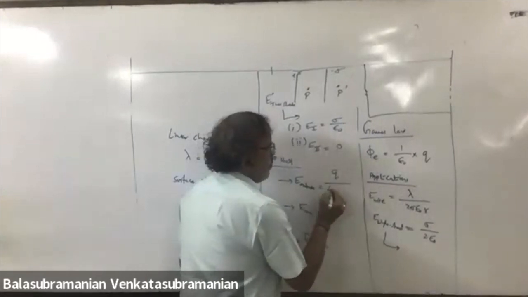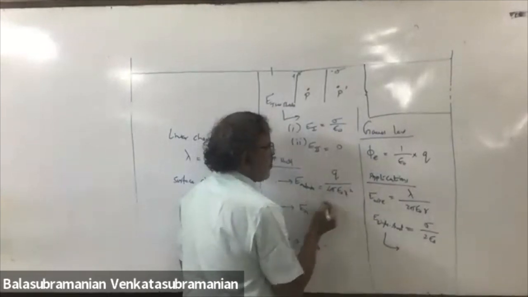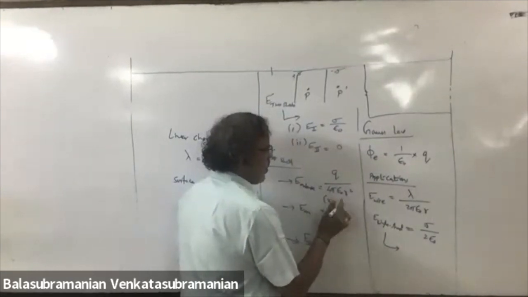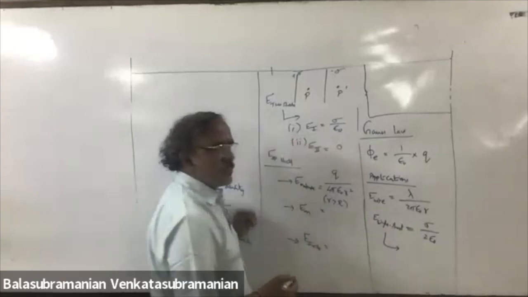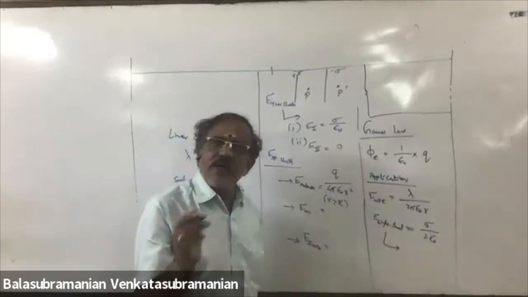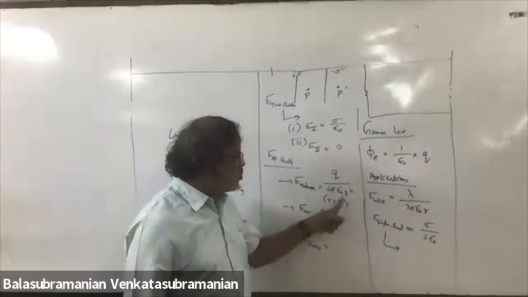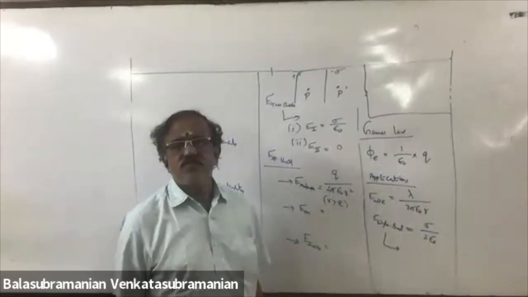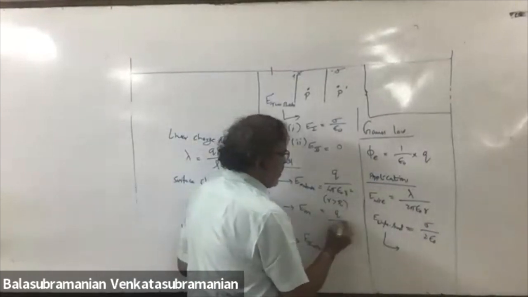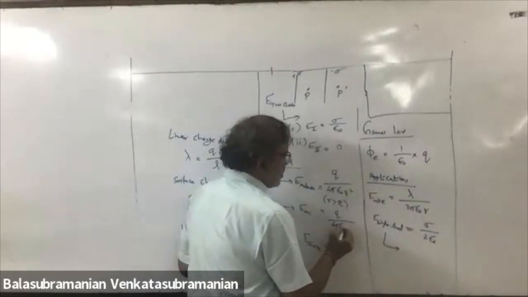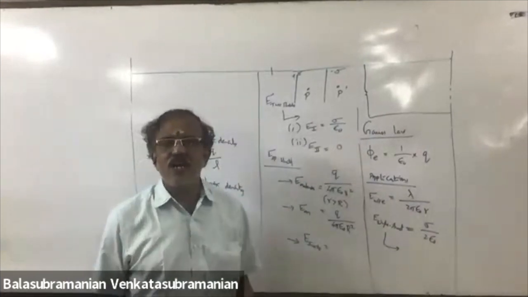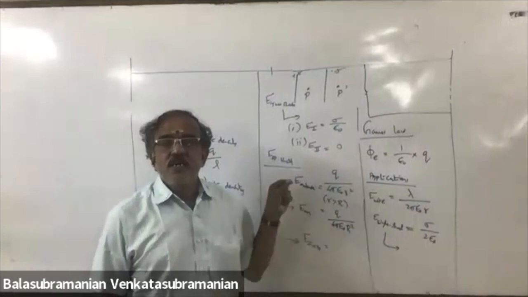Q by 4 pi epsilon naught r square, where r is greater than capital R. Capital R is the radius of the spherical shell. You are considering one point outside, so definitely r should be greater than R. For a point on the sphere, small r is replaced by capital R: Q by 4 pi epsilon naught capital R square.